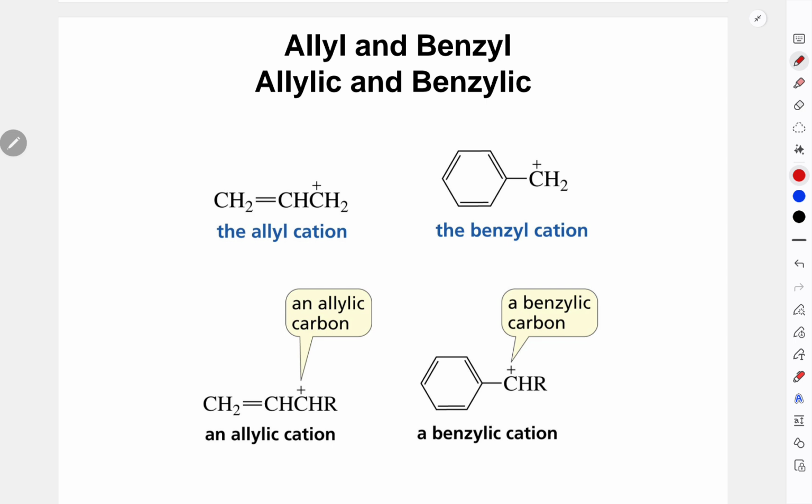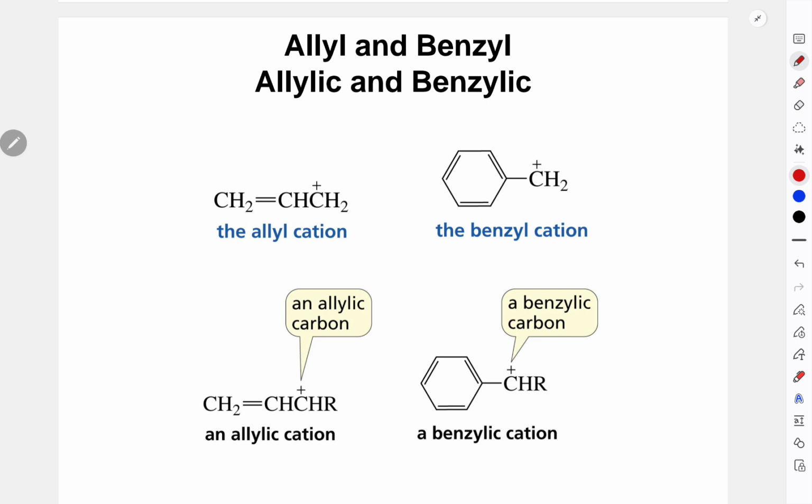And allylic and benzylic sites are quite ubiquitous and very unique. Actually, this will give you additional stability of the carbon cation. So this is called the allylic cation. You have a double bond and the carbon next to it has a positive charge.